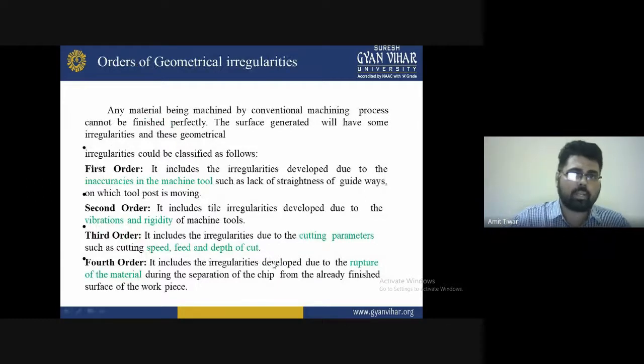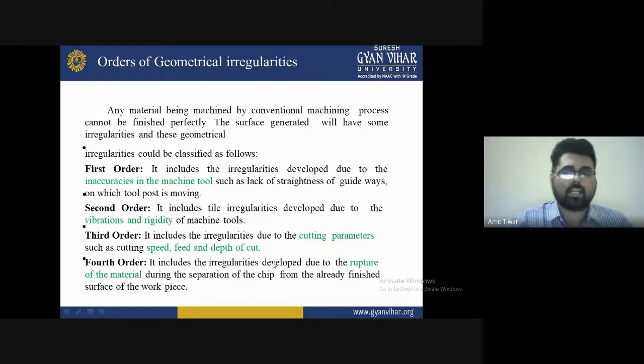Order of geometrical irregularities. So what are the orders of geometrical irregularities? First, we can say that any material being machined by conventional machining processes cannot be finished properly. So the surface generated will have some irregularity in the geometry.